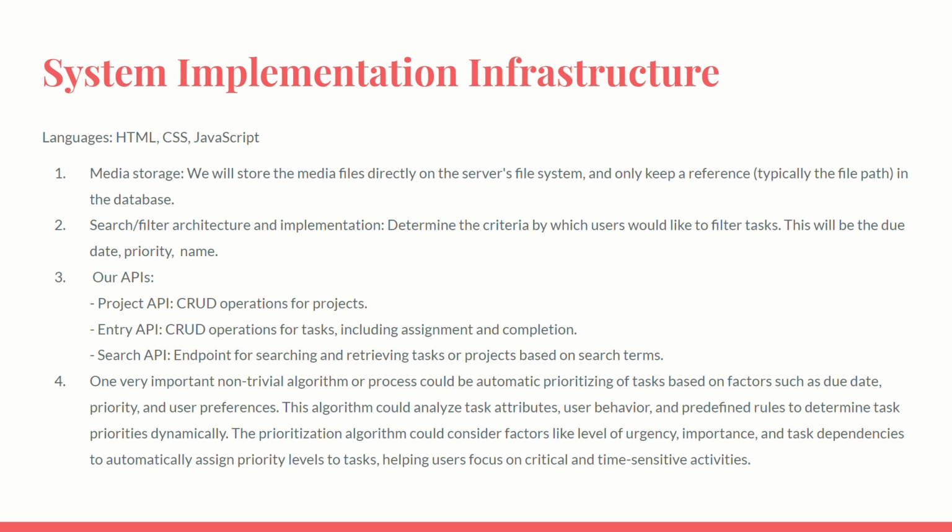This algorithm could analyze task attributes, user behavior, and predefined rules to determine task priorities dynamically. The prioritization algorithm could consider factors like level of urgency, importance, and task dependencies to automatically assign priority levels to tasks, helping users focus on critical and time-sensitive activities.